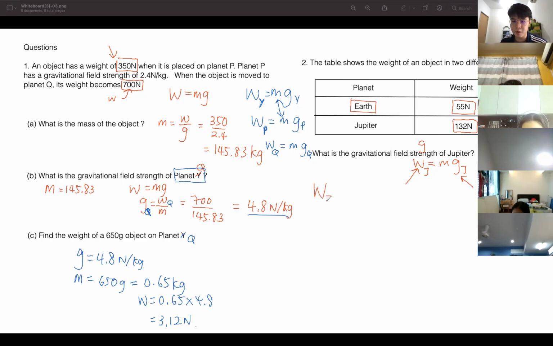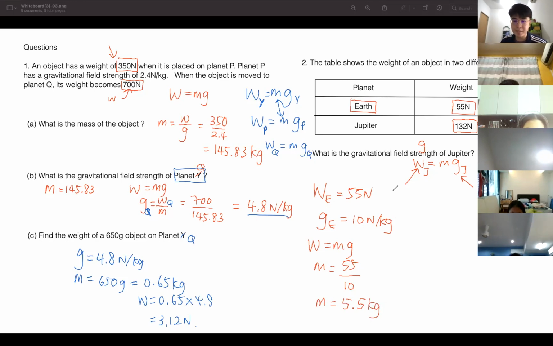W on Earth, 55 Newton. And we know that the g of the Earth is 10. Find the m. W equals mg. m is 55 divided by 10. So 5.5 kg.